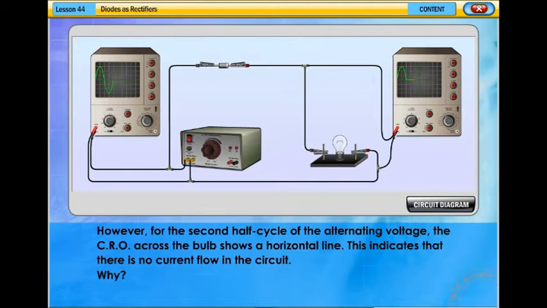However, for the second half cycle of the alternating voltage, the CRO across the bulb shows a horizontal line. This indicates that there is no current flow in the circuit. Why?